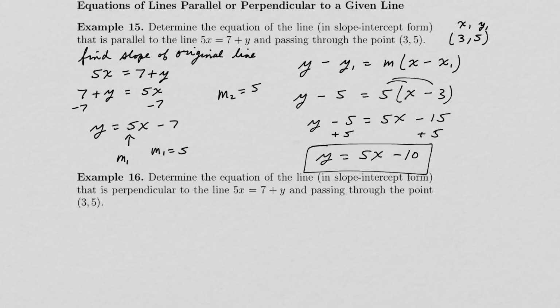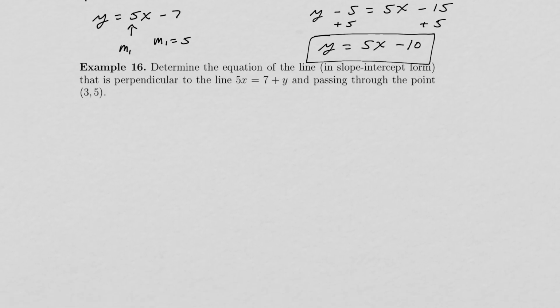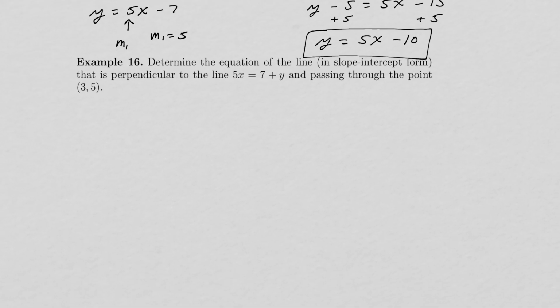Okay. We can also do this now if we want to find a new line that's perpendicular to the original line. So in this case, this last example here, determine the equation of a line in slope-intercept form that's perpendicular to the original line, which is the same as before, right? 5x equals 7 plus y, and passes through the point 3, 5.